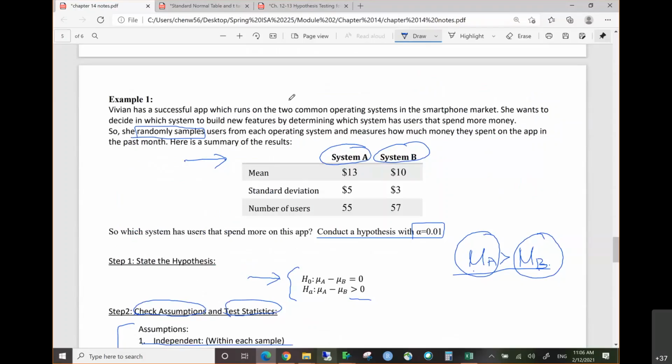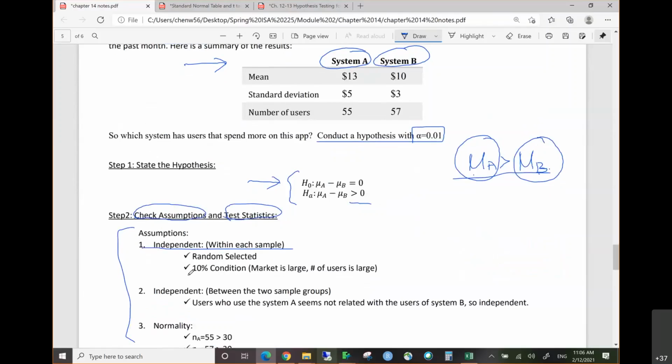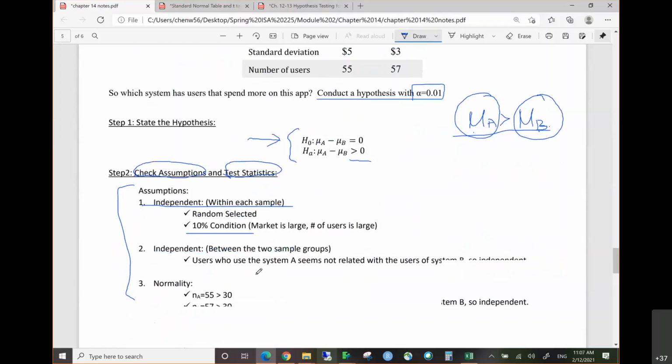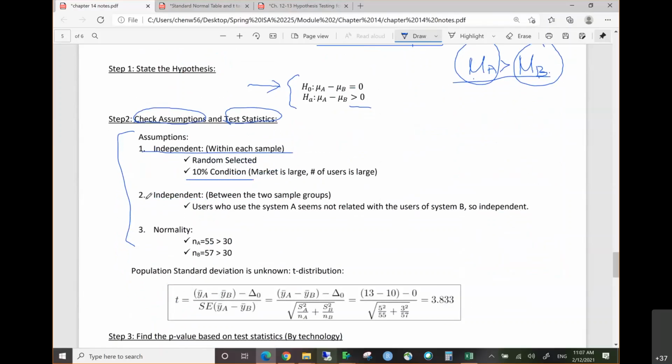And then we say it's in the smartphone market. So of course the user population will be very large, so the 10% condition will be met because the market is large, the number of users is large. And then the next one, another independence assumption, between the two groups, between the samples. You need to think about it.